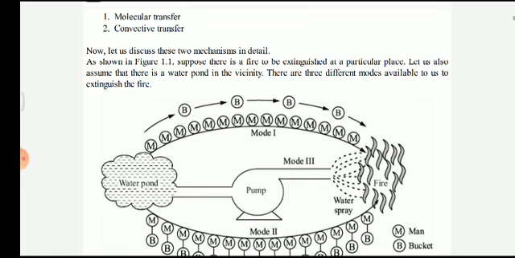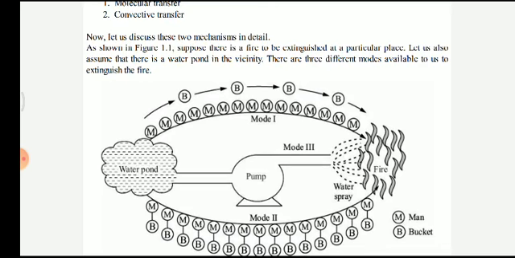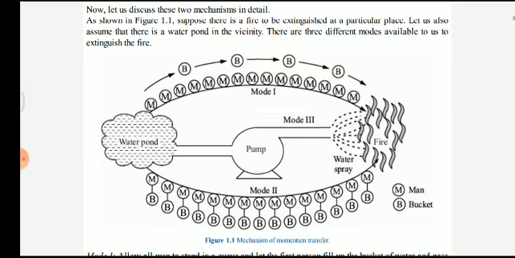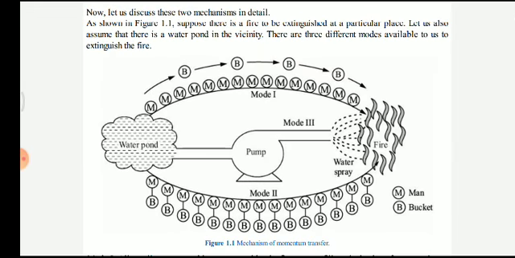Now let us discuss the two mechanisms in detail. First, as shown in figure 1.1, the mechanism of momentum transfer. We see in the figure a water pond and a pump. The pump is in working condition.